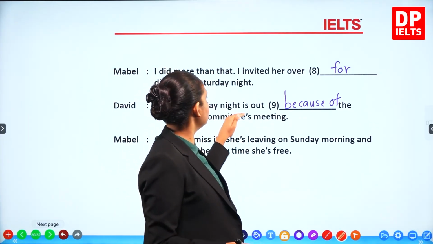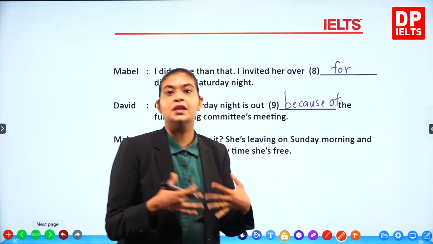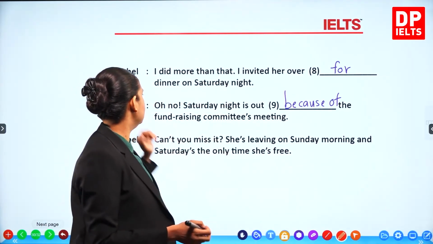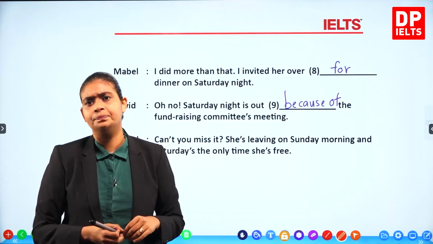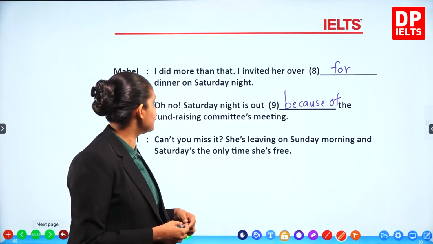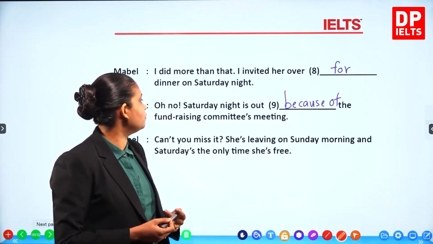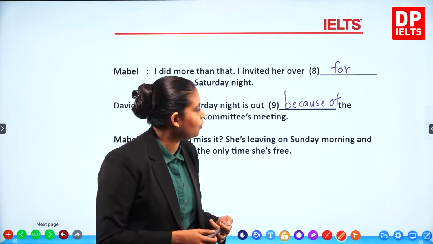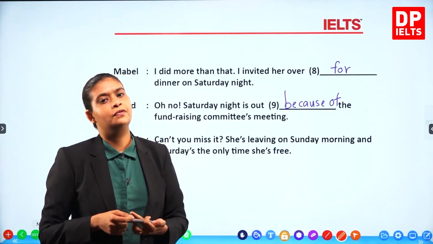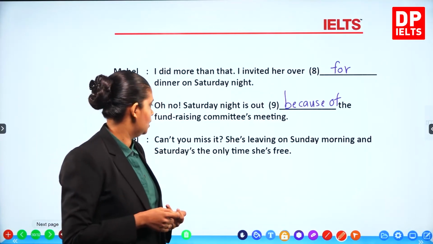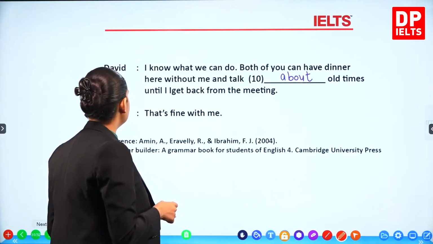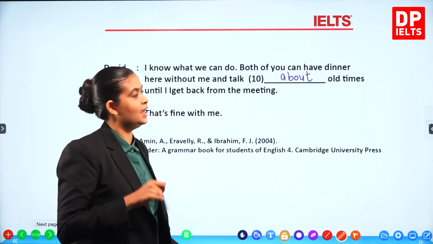Oh no, Saturday night is out because of a reason. Now, why can't David come on Saturday for dinner? Because he has a meeting in the fundraising committee, okay? So, because of that, he can't make it for their dinner. So, then Mabel says, oh, can't you come? Then he has an idea.